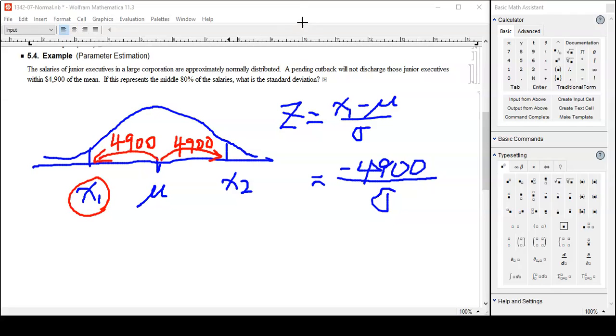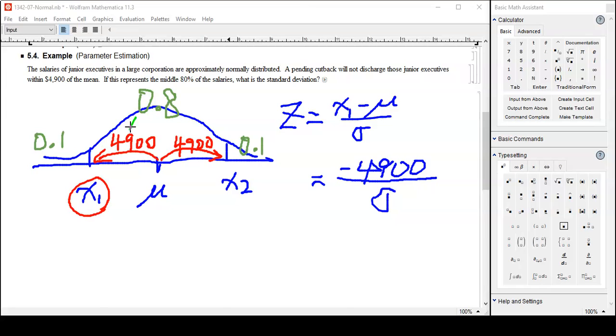Why did I decide that? This problem says 80% in the middle, which means 10% here and 10% there.